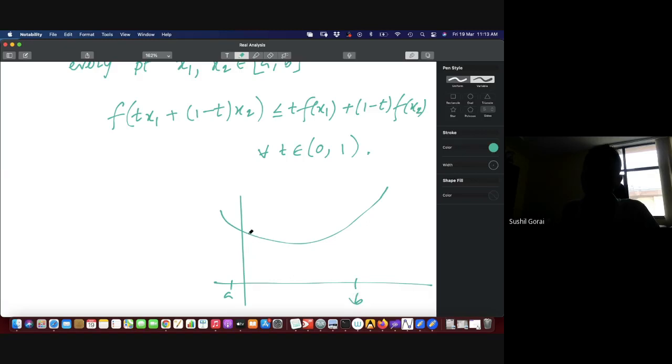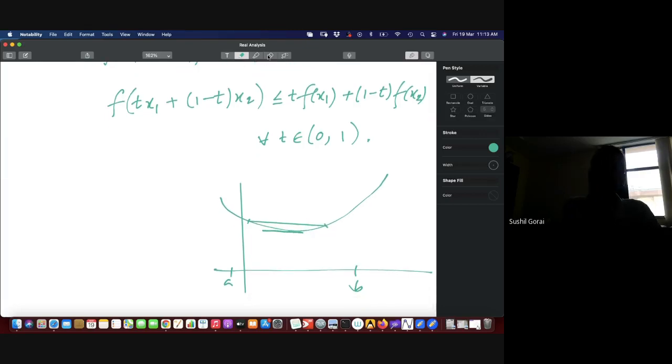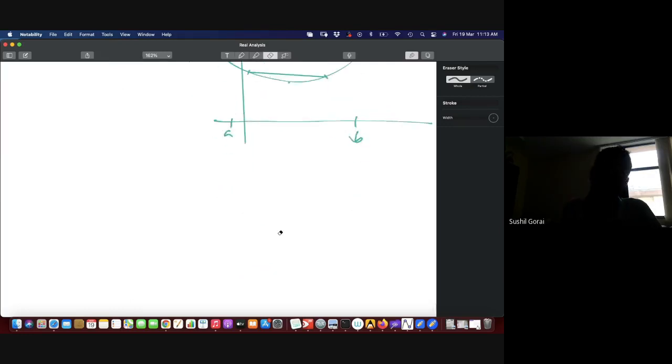So for any 2 points you take between a and b, the chord joining them must lie above. That is the definition of convexity, which would actually imply convex upward at every point. So ultimately, when these 2 points x1 and x2 go to a certain point, this chord becomes tangent, and so the curve lies on top of the tangent.